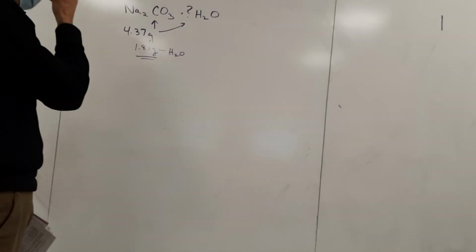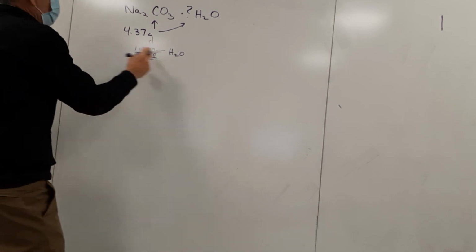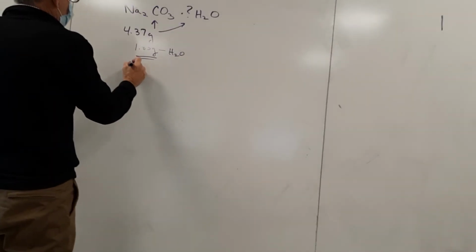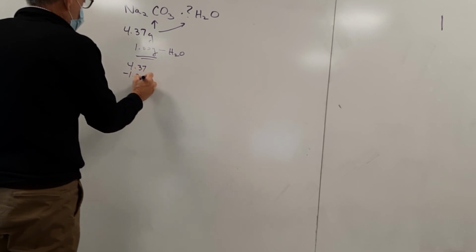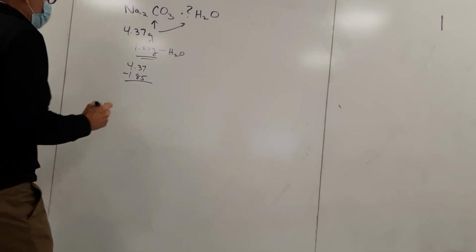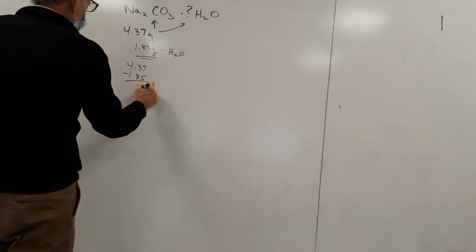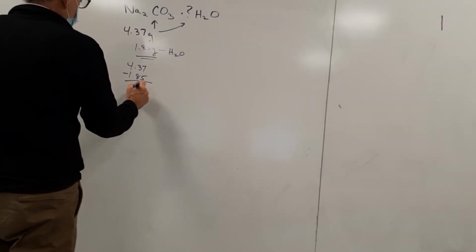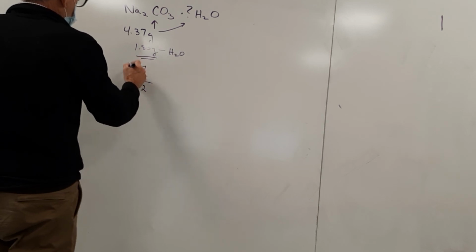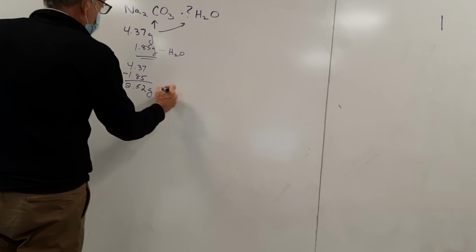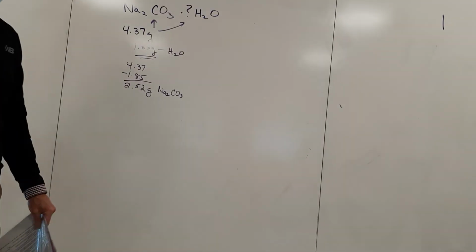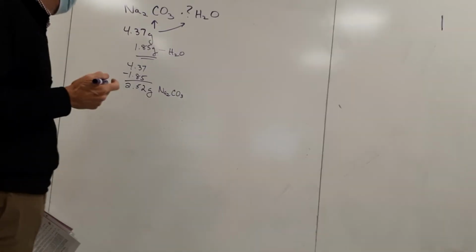So I've got 4.37 minus 1.85, which will give me 2.52 grams. Now, what do I do? I change it to moles. 1 mole divided by 18 grams.